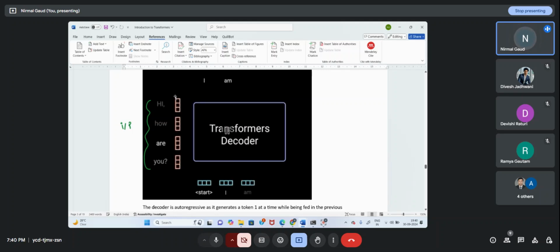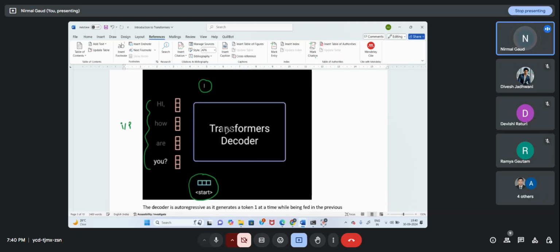Initially, all of it has been given as an input to the decoder, hi, how are you, along with start, and the decoder has produced I as an output, one token at a time.